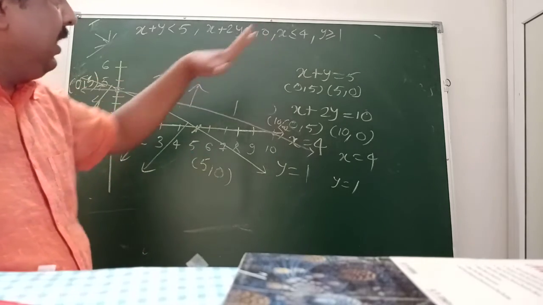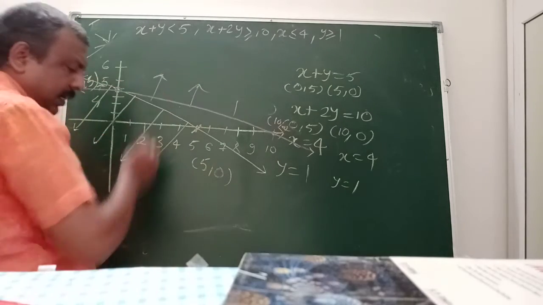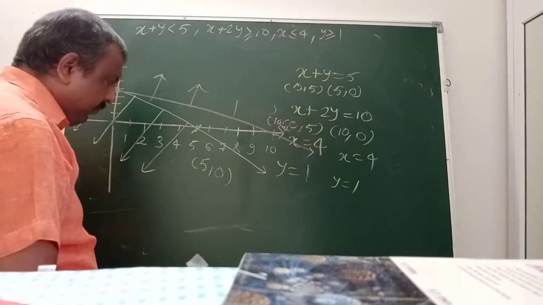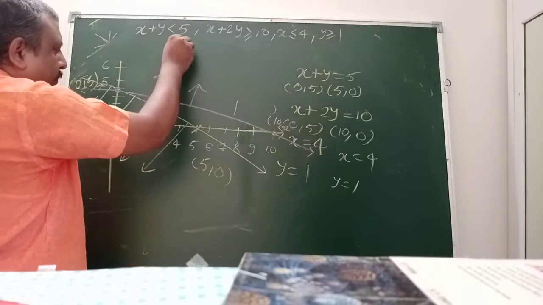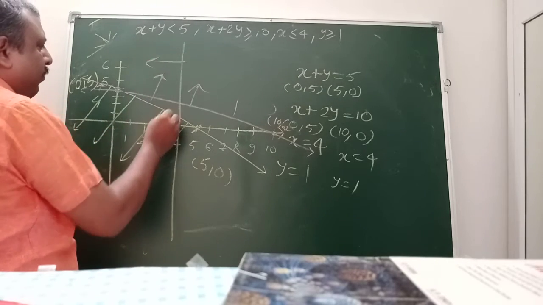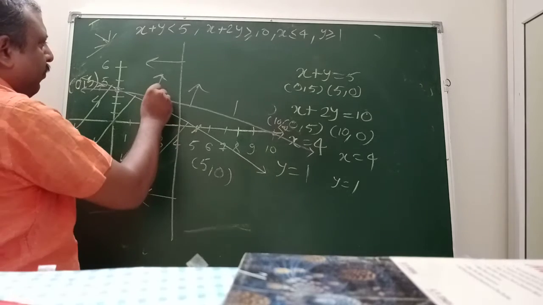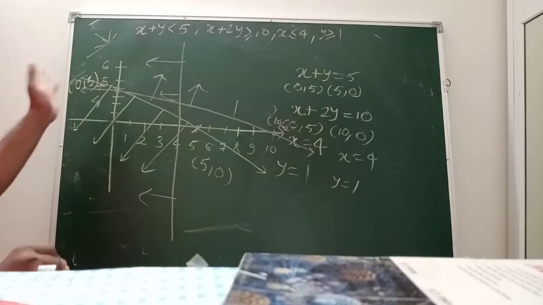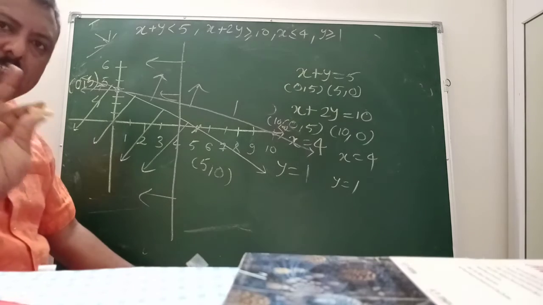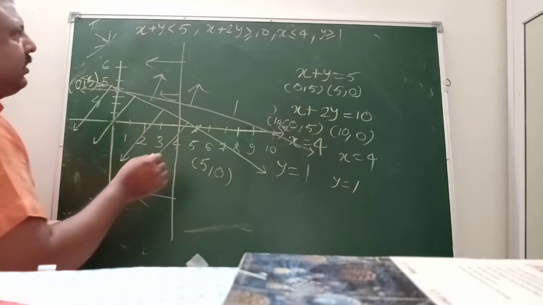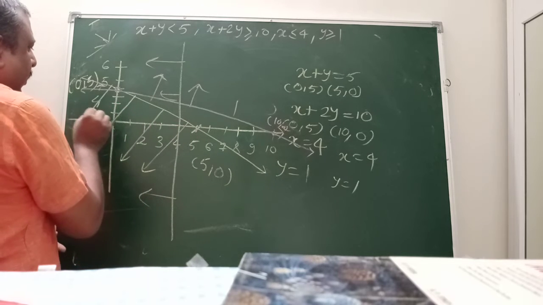Number 3, the third is x less than or equal to 4. So I am taking the third one, x less than or equal to 4, the left hand side of this line, and I have only 3 colors, not 4. Then y greater than or equal to 1.